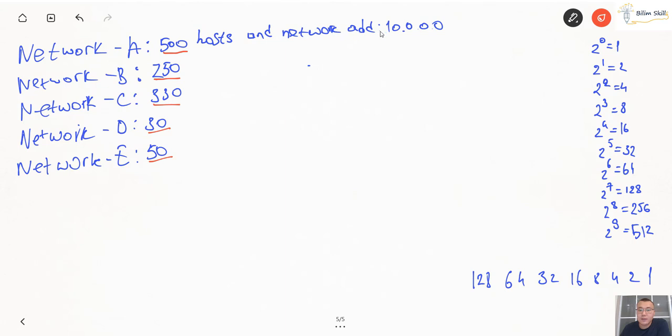And the network address is given: 10.0.0.0, this one. So with the help of this given address and these given host numbers, we have to find the first useful, last useful address, network address and broadcast address for each network.